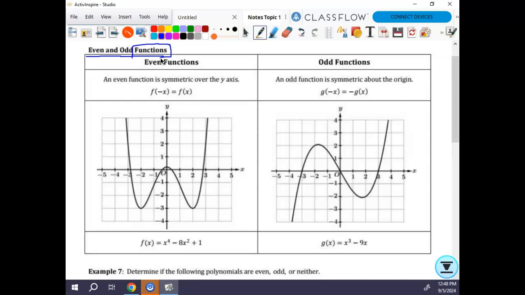If I have an even function, it is symmetric over the y-axis. Visually, that's what we can look at. We have y-axis symmetry. If I reflect this in the y-axis, it's going to look exactly the same, okay? Algebraically, f of negative x equals f of x, meaning that I have this point here, that is 3, 1, and then f of negative x, or f of negative 3, equals f of x, that same 1.